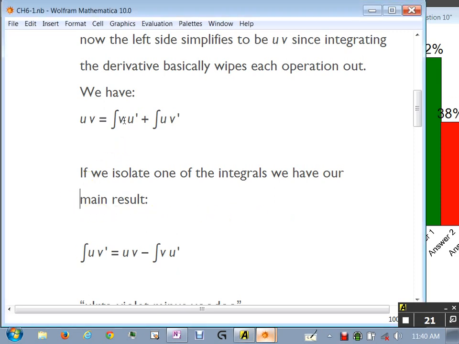Right here? Okay, so I'm subtracting the entire integral on both sides. If I do that, it goes away on the right, and it appears over here as uv minus this integral, right? So I've just rewritten that, except I'm putting the left side on the right side. So there's uv, there's minus that integral, and then this integral is positive, isn't it?